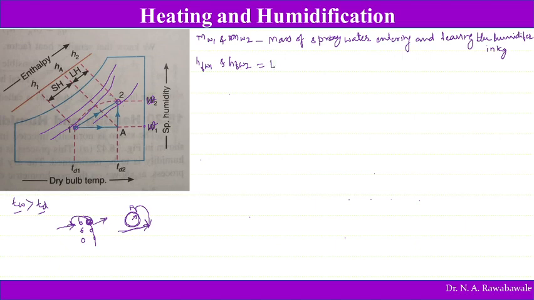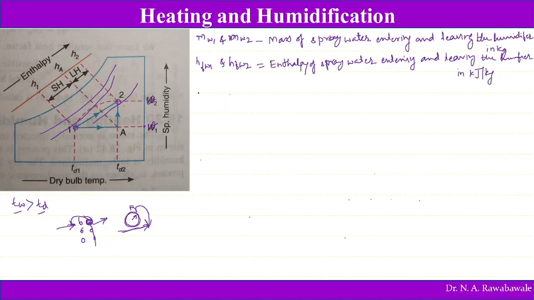So these are the enthalpy of spray water entering and leaving the humidifier in kilojoules per kg.